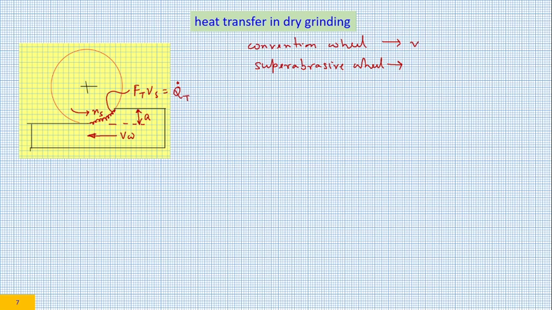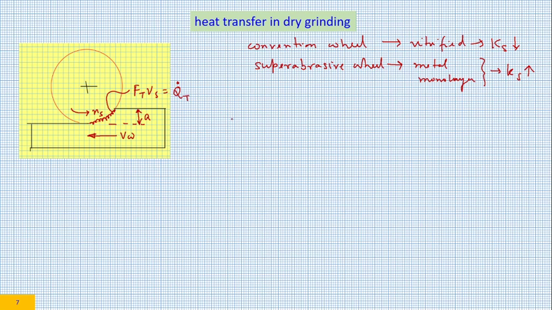Vitrified conventional wheels, their effective thermal conductivity is very poor, whereas metal bonded or monolayer super abrasive wheels, their thermal conductivity is very high. And how does it affect heat transfer? That we will try to write down.